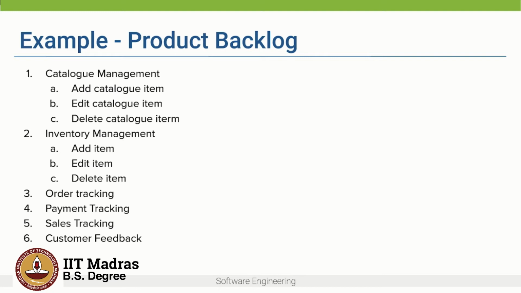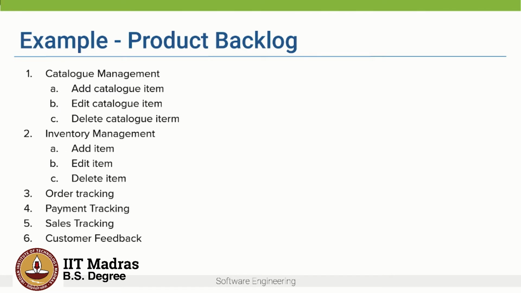And this involved managing the catalog, managing the inventory, tracking the orders, payments, sales, etc. And now we have to decide for a particular sprint what are the items we need to work on. Let's say for the first sprint, the developers say, okay, we can work on catalog management. Maybe we can work on 1A and 1B of adding and editing catalog items.